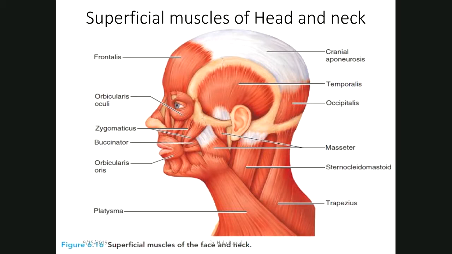This occipitofrontalis muscle, let us review. It is named after its anatomical position, right? Frontal belly and occipital belly. They are connected together by fibrous tissue which we call the cranial aponeurosis.